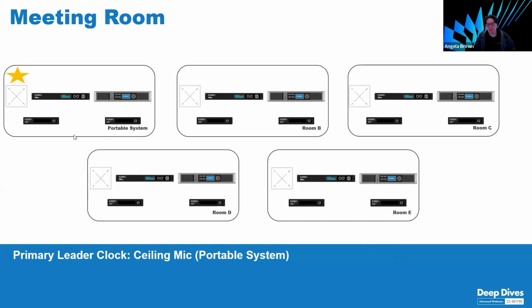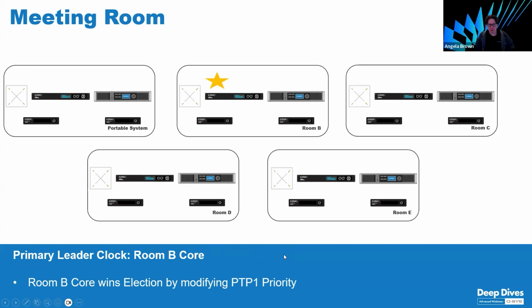So when we're dealing with these 5 systems, if they're all talking to each other, we have the same issue where you have the 5 ceiling mics and they're going to do their little PTPv1 clock algorithm, decide who's the clock leader, and that's going to become your clock leader. So how do we fix that, right? We can fix that by modifying PTP priority 1.